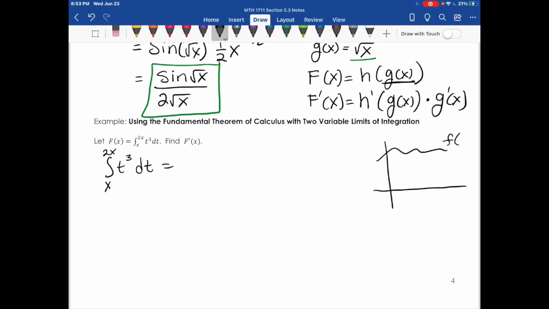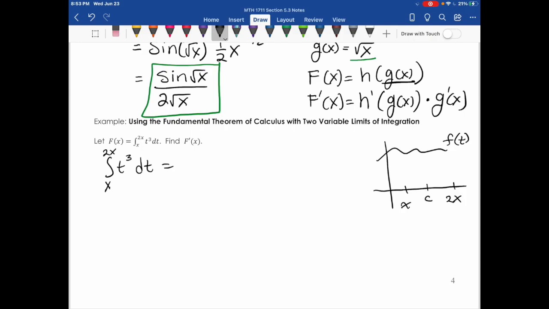And so if you imagine just some generic function, and we have a lower limit of x, an upper limit of 2x. Now, I don't know for sure that 2x is bigger than x because it just depends on what value you plug in for x. But for the sake of visualizing what's going on here, I'm going to make that assumption that 2x is bigger.